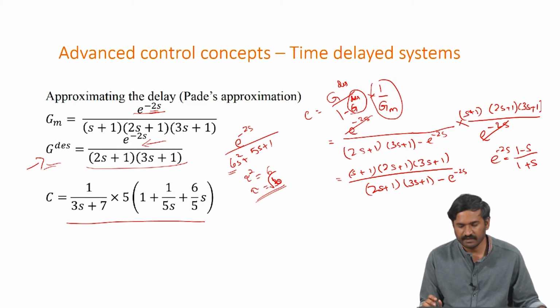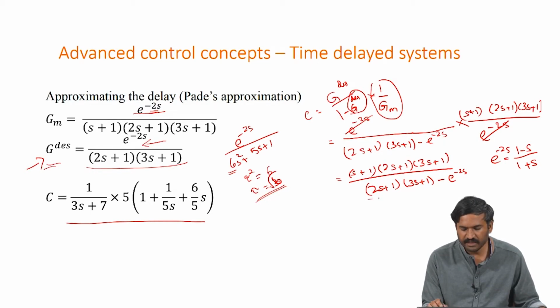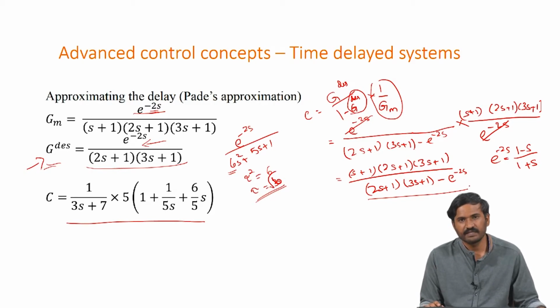If the process time delay and the time delay used for designing the controller are different, then there will be a deletion of terms in the denominator of the closed loop transfer function. Because of that, there might be some RHP poles appearing in the denominator. So, we have to analyze how far we can tolerate the error between the model and the process.